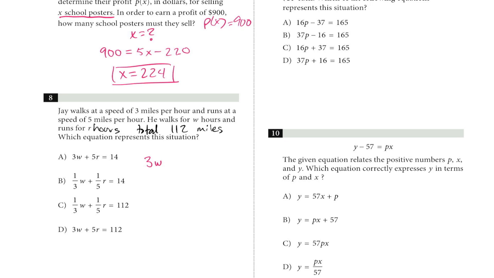And then J runs at 5 miles per hour. So 5 miles per hour times however many hours he's going to run, which they said was R. And then a total of 112 miles. So total usually means we want to add up all of our miles. So we're going to add these 2 miles. And the total should be 112. So the answer here is D.